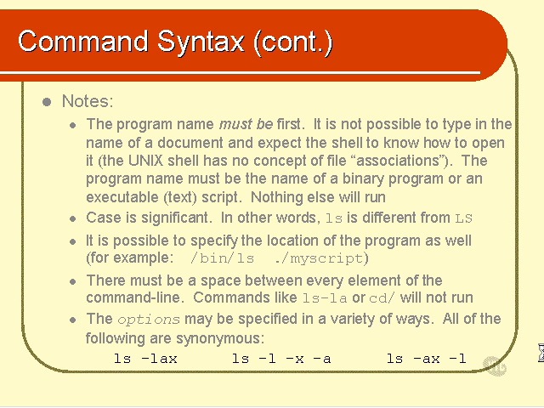Make sure you separate them by spaces. Or you can combine one or two of them at once. In the third example I've got there, ls space -ax space -l. All of those three will work exactly the same way. You might like to take a moment and prove that to yourself by typing in those three commands on the Unix command line in front of you.